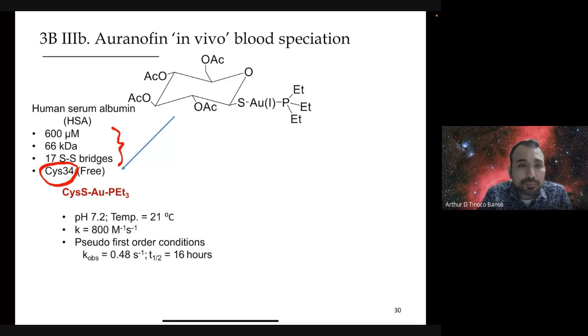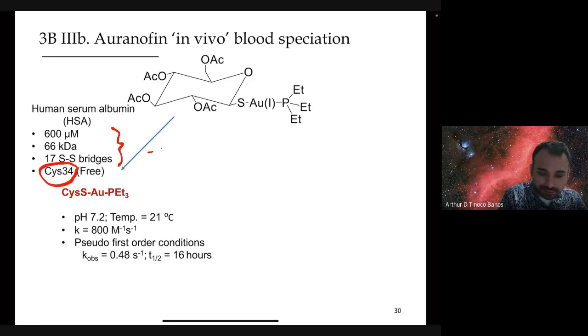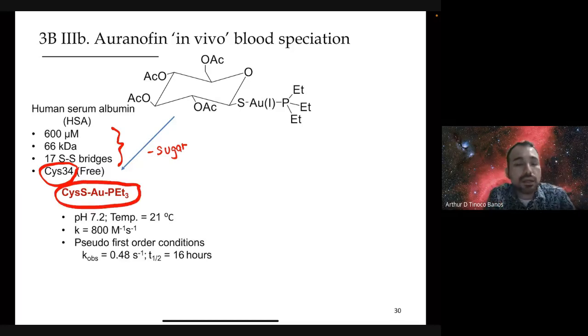So when that complex interacts with human serum albumin, there is a release of the thioglucose component of that compound. Essentially, you have the loss of the sugar, and then you get the formation of a compound where the gold phosphine is coordinated to the cysteine residue from the protein.